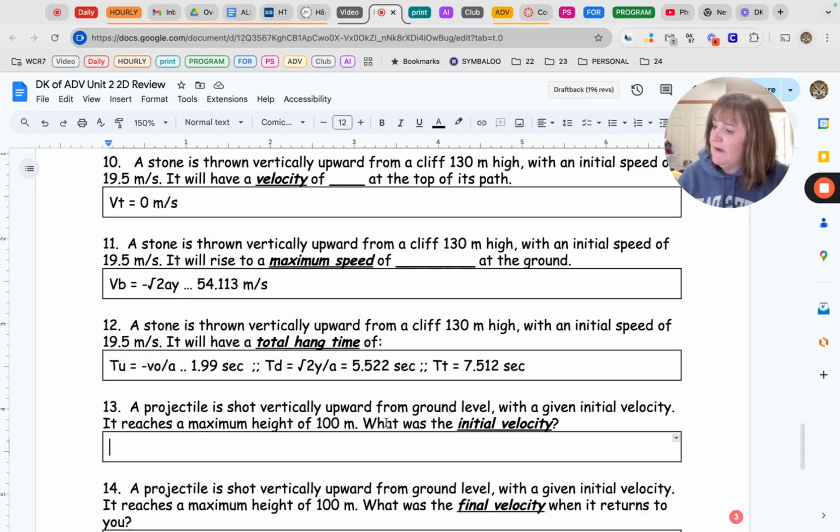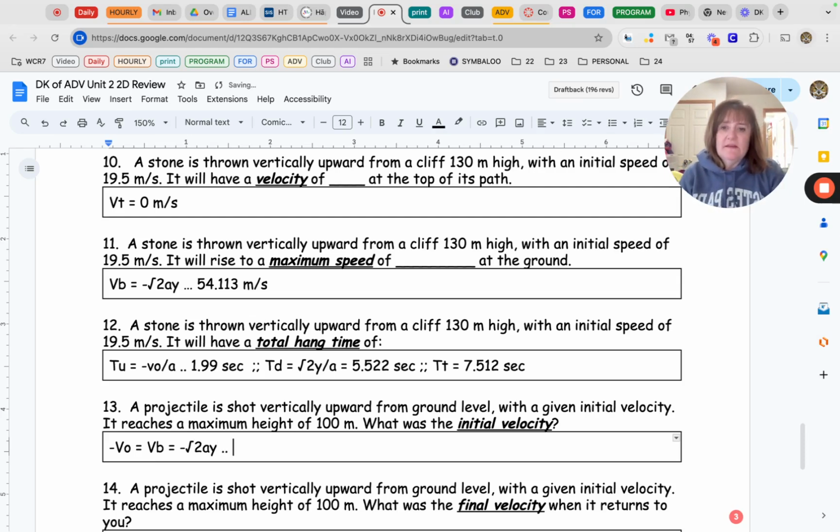Here you're given a maximum height, and it is asking for that initial velocity. Well, remember, negative your initial velocity is equal to your velocity at the bottom, which is equal to the negative square root of 2ay.